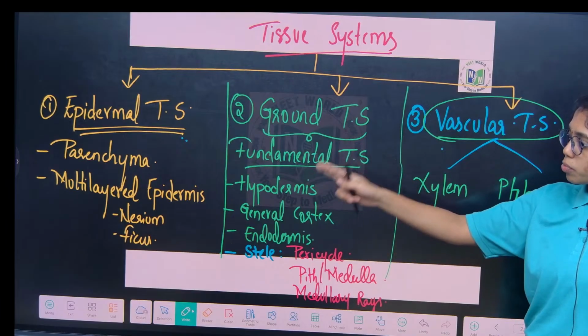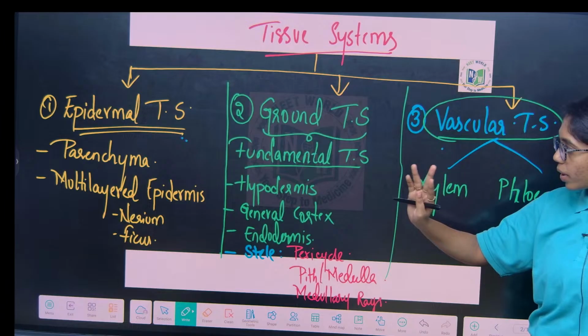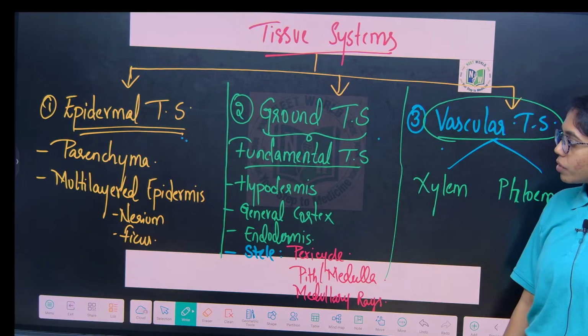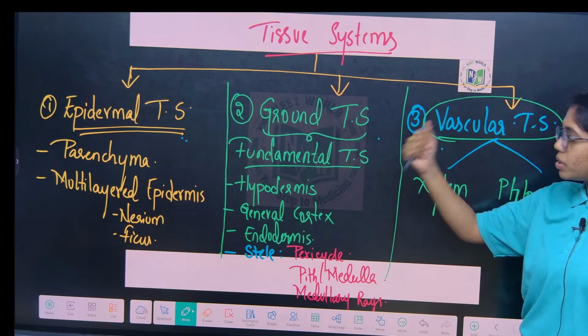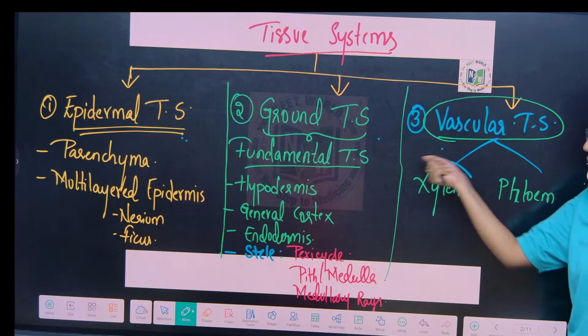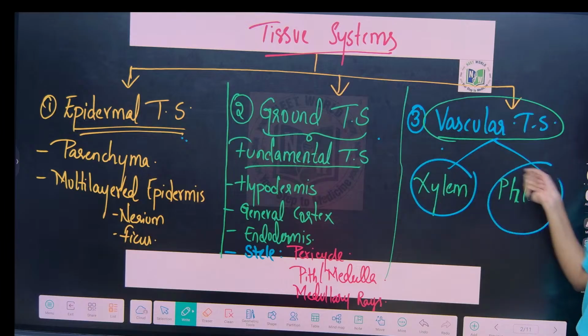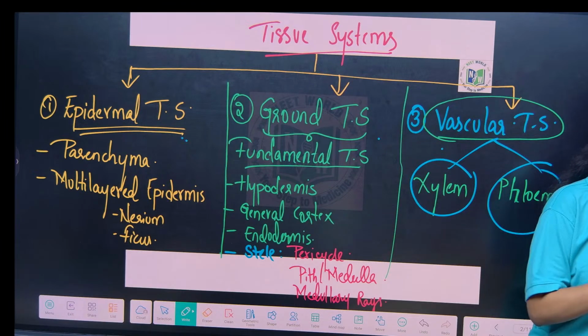It is mostly single layered, in few plants it is multi-layered. Ground tissue system includes everything except epidermis and vascular bundles. Vascular tissue system includes only xylem and phloem. Clear with this? Any doubt anywhere?